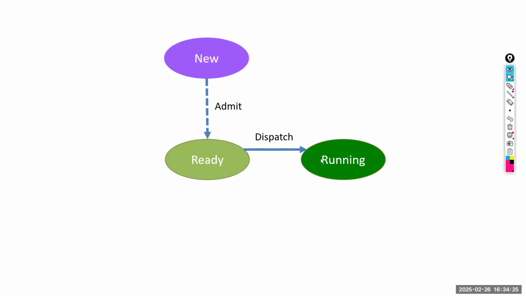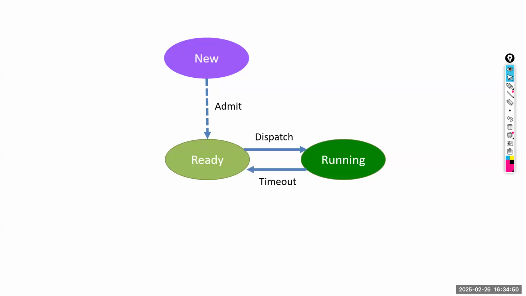But it will be in the running state for a very small period, maybe a few milliseconds, because the operating system needs to give attention to other processes too. After a few milliseconds, your running process goes back to the ready state and stays on the bench, waiting again.